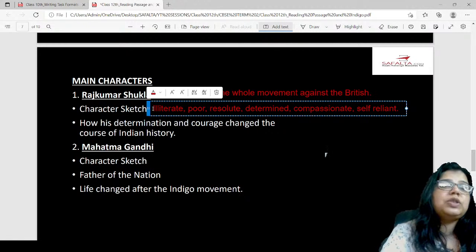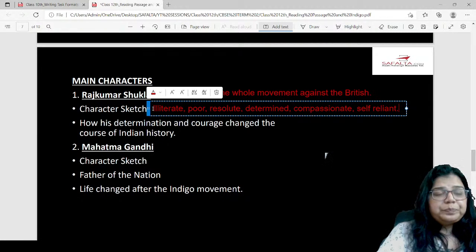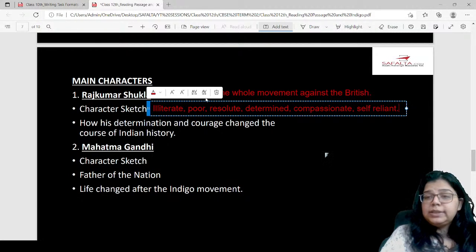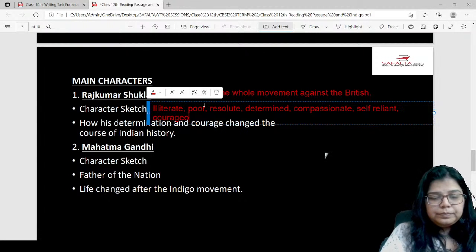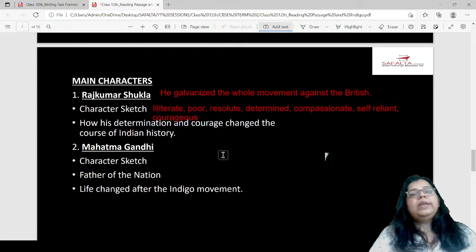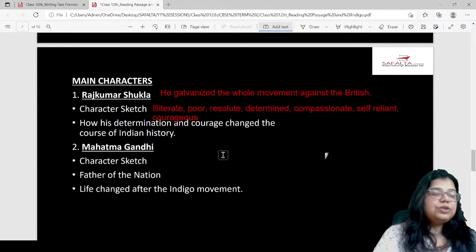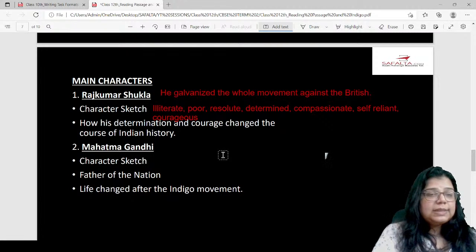That's another question that can be asked. So apart from the character sketch of Rajkumar Shukla, what can be asked is his determination and courage. Yes, you can use the word courageous also for him. So how his determination, how his courage changed the course of Indian history. These are the two aspects that are extremely important as far as Rajkumar Shukla is concerned.